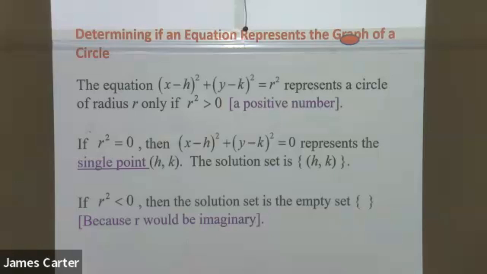Then it's just a single point, because a radius has no length. So it's just a single point. That's what this is saying. Okay. What if the radius is a negative number? No solution, because that would force you to have square root of a negative number would be imaginary. Okay, and we couldn't graph it. So you can't have negative radius squares.